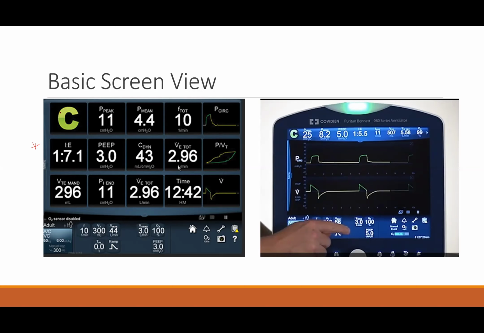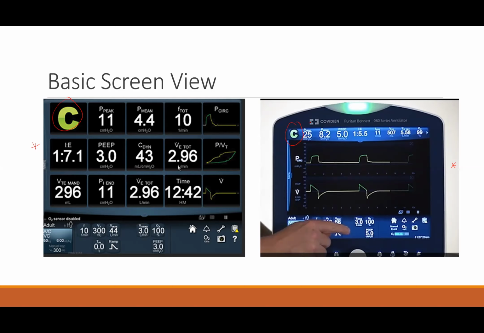And then this screen over here on the right is a very classic looking screen where I've got the pressure waveform on top of the volume waveform. I want to take just a moment to go over where some of these values are. You'll notice the big C up in the left-hand corner of each of these ventilators. That means it is a controlled breath, so the ventilator is doing all of the breathing in this situation.